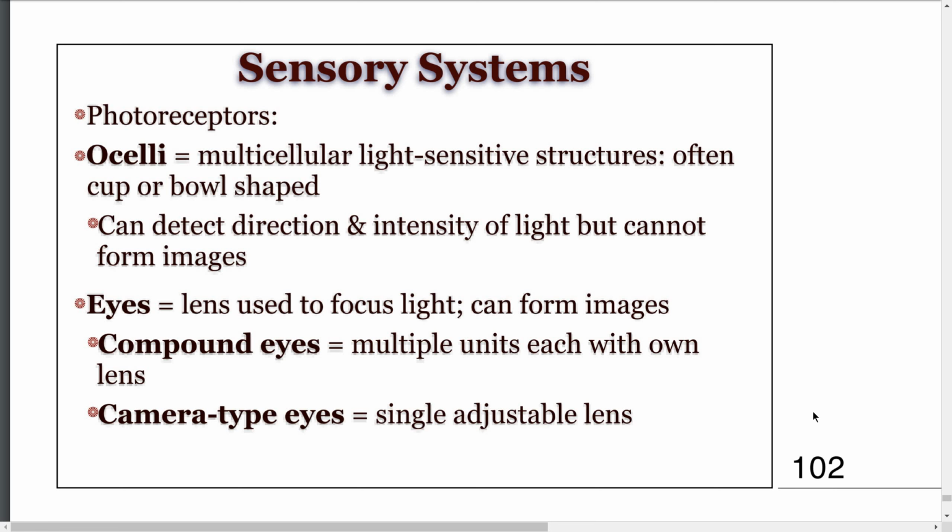And then true eyes are those that can actually form images, that can focus that light into forming some form of images. Typically lenses are used, but there are actually some exceptions.